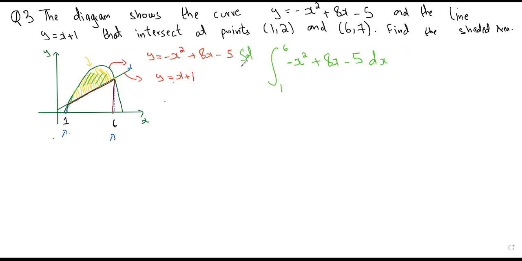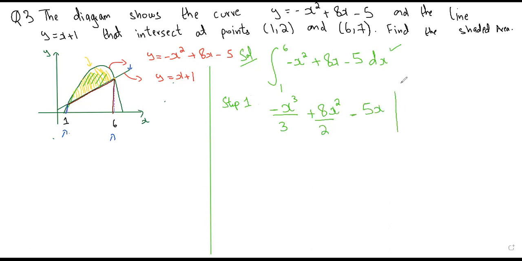This is the solution of this question. All right, please pay attention. Step 1 would be integrating this thing, okay? So it would be minus x cubed over 3 plus 8x squared over 2 minus 5x. Limits would be 1 and 6.